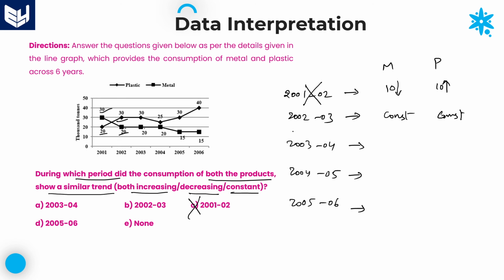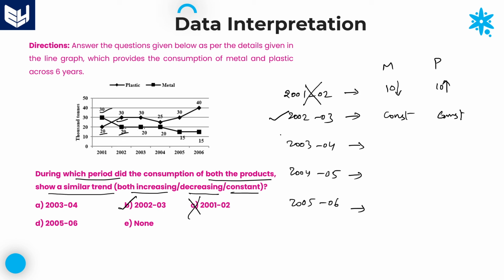Here both are constant. You can count 2002 to 2003 as the similar trend. According to the question, it is not required to check the remaining values, because we have only one option with 2002 to 2003. Still, the remaining options we will check to see whether we are getting a different trend or not.